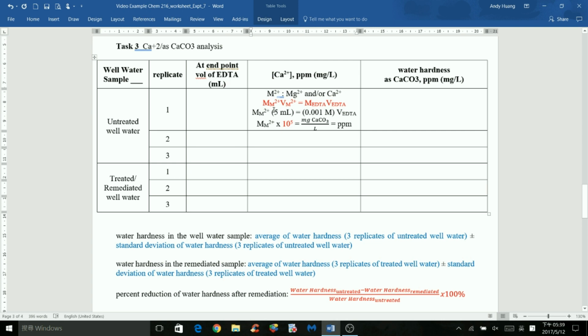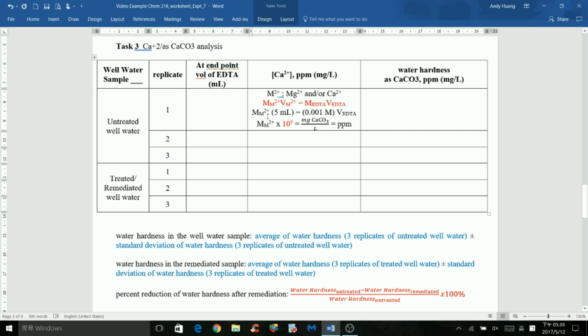Anyways, in task 3, you did 6 different titrations, and whenever there's titration, think about M1V1 equals M2V2. So I modified M1V1 equals M2V2 in this form. So now I use this abbreviation here as subscript, and the other side I use EDTA because obviously we used EDTA to titrate magnesium 2+ and slash or calcium 2+.